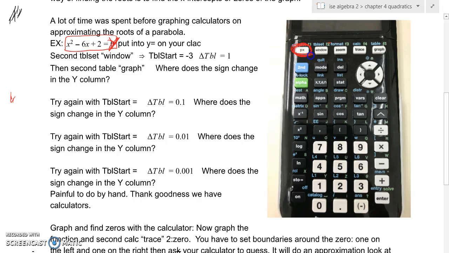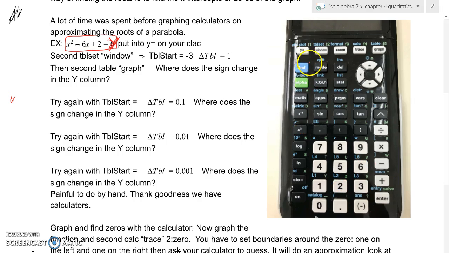So go ahead and push y equals. And then in y1, we're going to put x squared minus 6x again plus 2. Once you have that typed in, make sure it's correct.